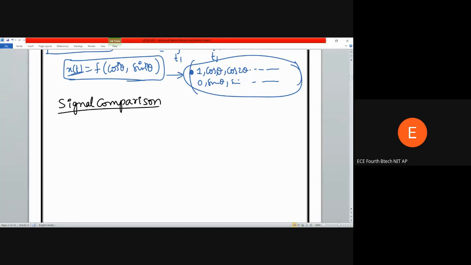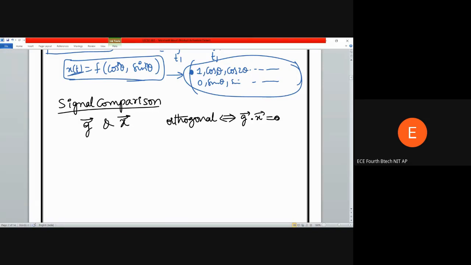Again, we'll consider two vectors, g bar and x bar, and we define one thing, that is orthogonality. These two are orthogonal if and only if g bar dot x bar is equal to 0. This is the orthogonality condition.